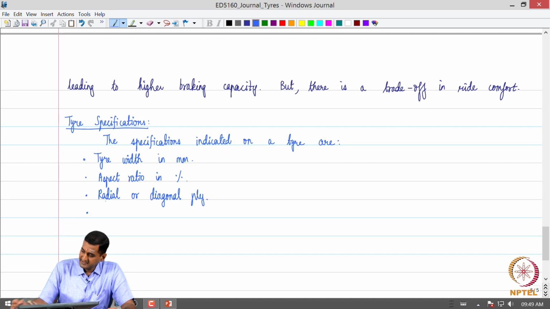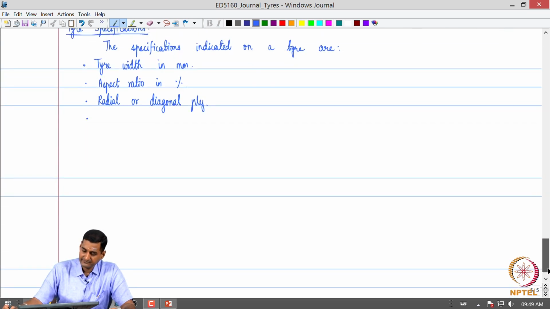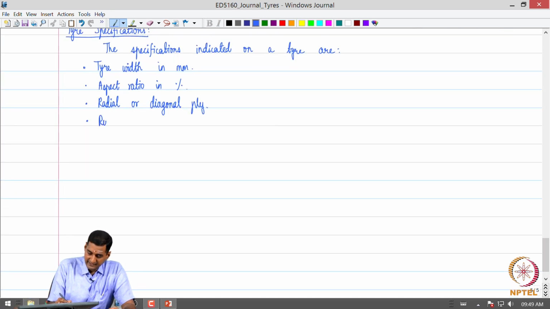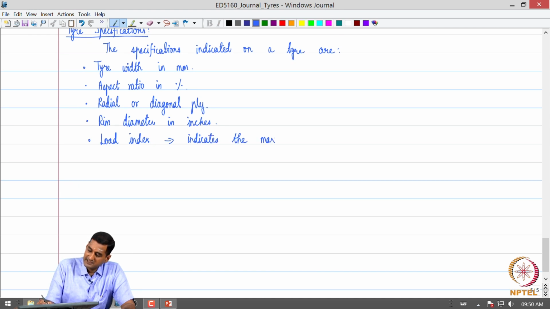Then we have a rim diameter in inches, then we have load index. So, what is this load index? This indicates the maximum load carrying capacity of the tire.